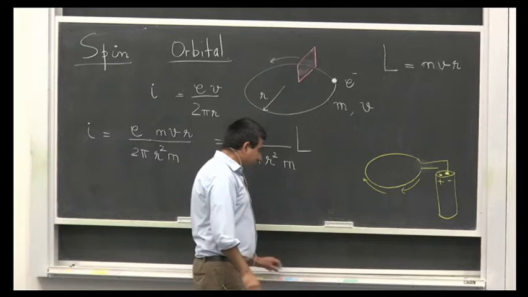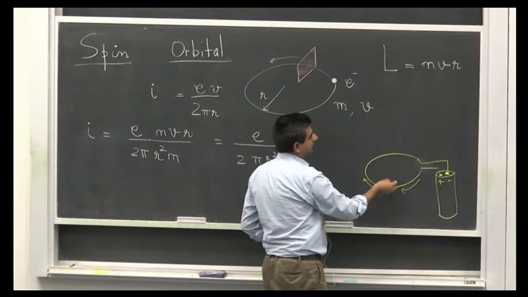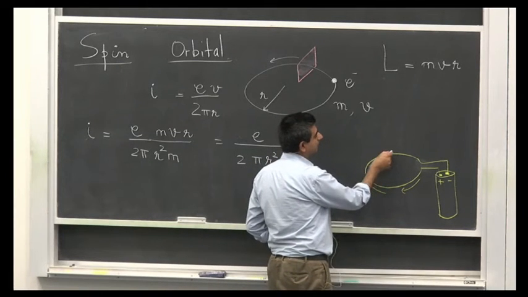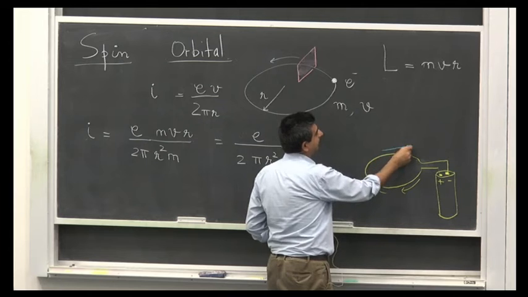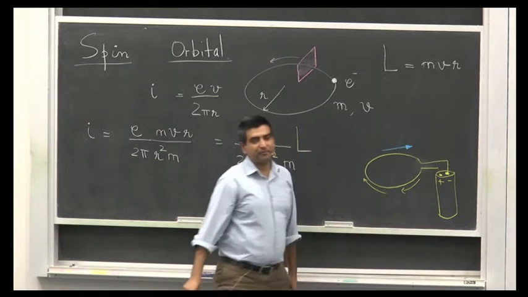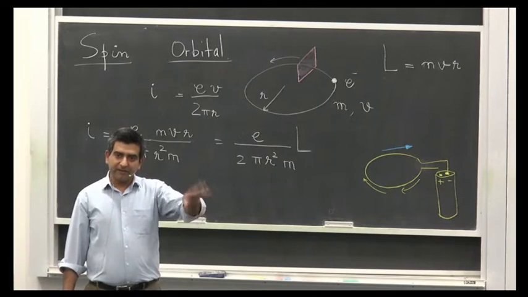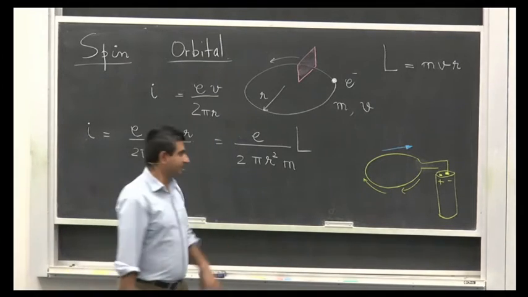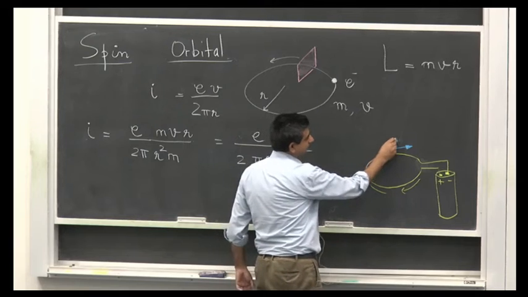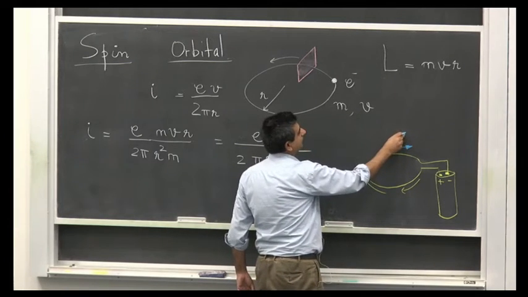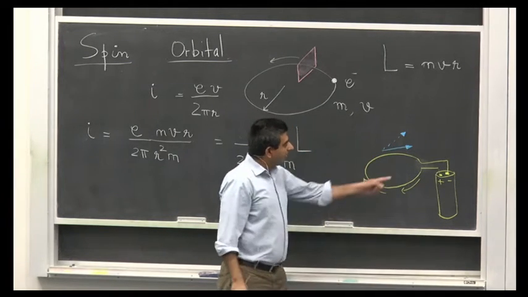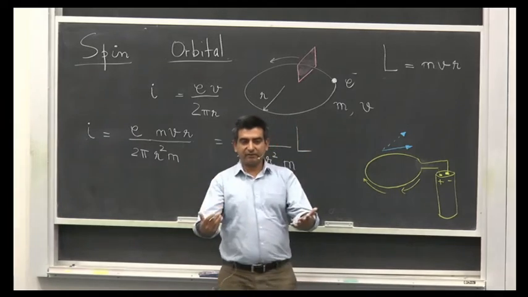Now, if you place a compass needle close to this current carrying coil, what's going to happen to the compass needle? Is it going to deflect? It's going to deflect, because a current produces a magnetic field.